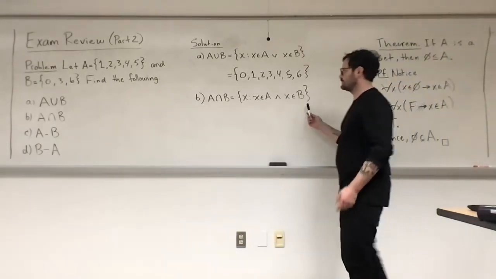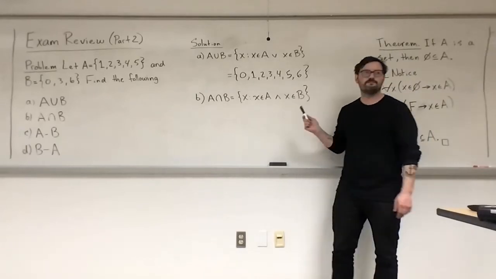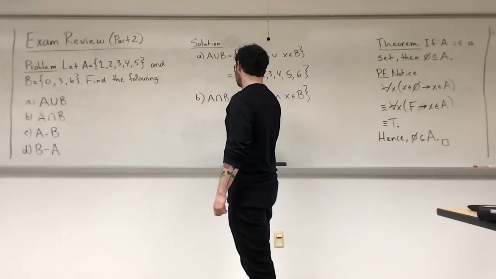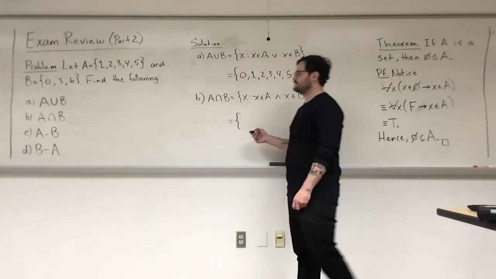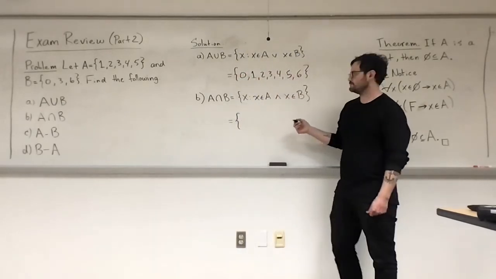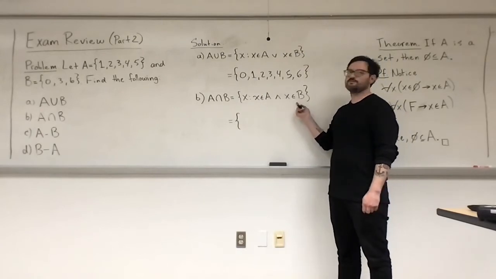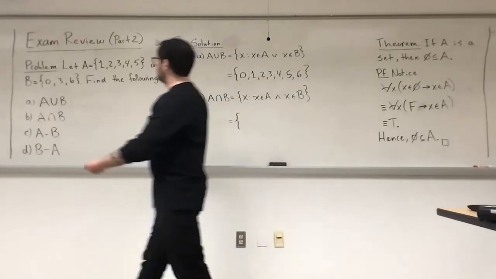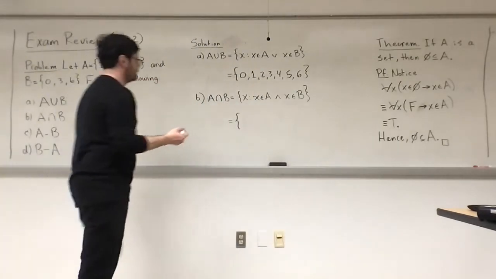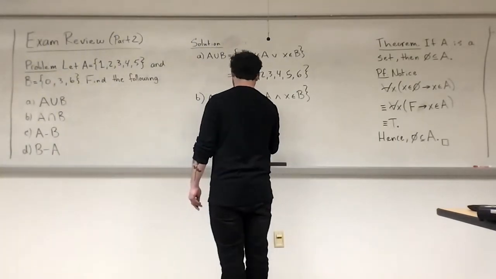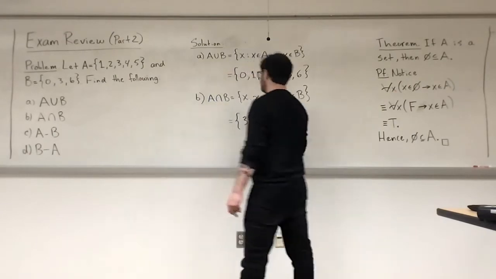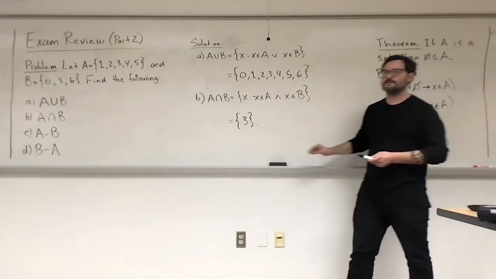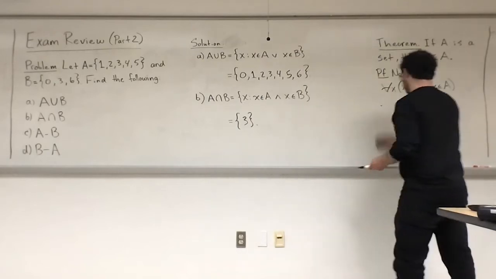So the conjunction is only true when they're both true, right? So would 0 go in here? No. Because that'd be false and that'd be true, but together it's all false. Okay. So you only want things that are in both of them. So it looks like 3. Right. So then move to the set differences.